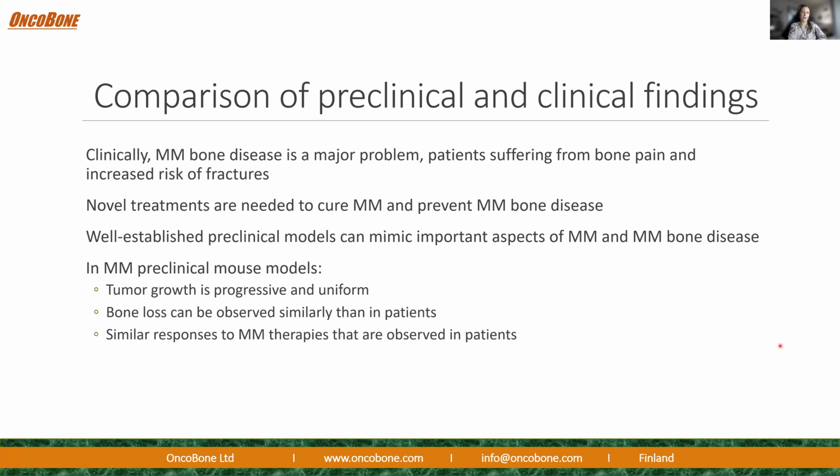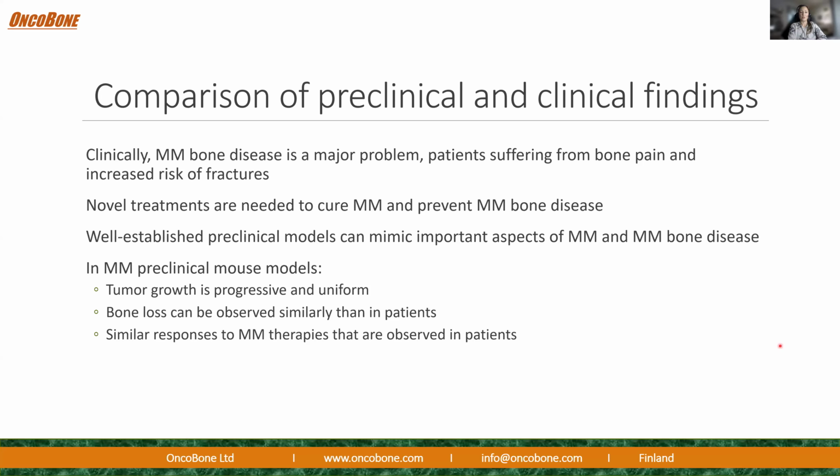And of course, in the best case scenario, there would be one treatment that can actually affect the multiple myeloma, but also provide some help to the bone loss that the patients are suffering from. Well-established preclinical models can, and they should, mimic the important aspects of multiple myeloma and the bone disease. In the multiple myeloma animal models, you would wish to see tumor growth that is progressive, but also uniform between the different mice included in the study.